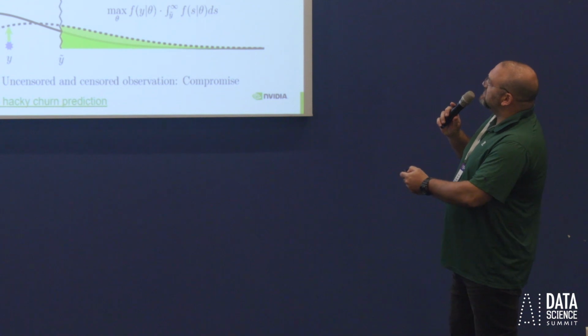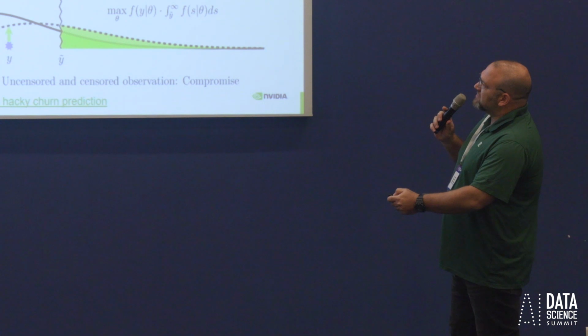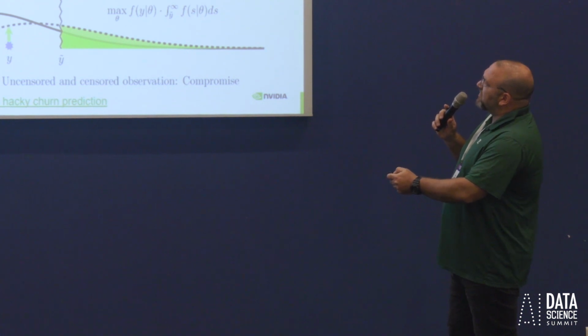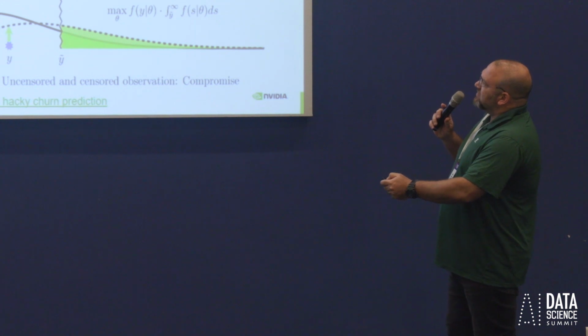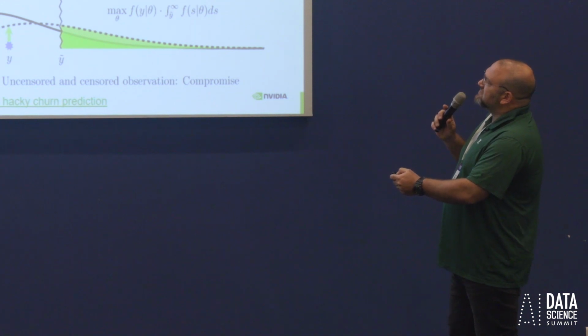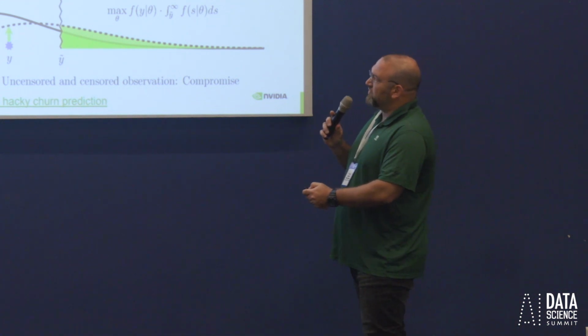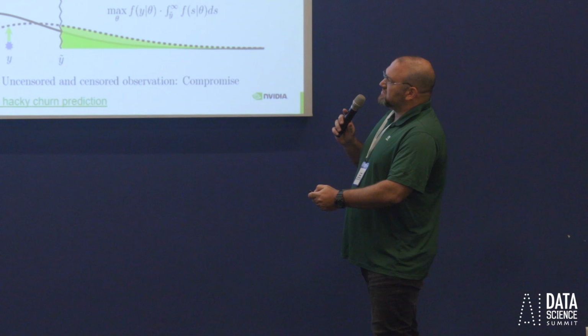So I want to increase the distribution, the probability, or the integral here. So you can write a loss function which describes this. It's like an if statement. If I know the data, then this is my loss. If I don't know when the event is happening, I have a different loss. And the total loss is a combination of both, depending on whether the data is available or not.